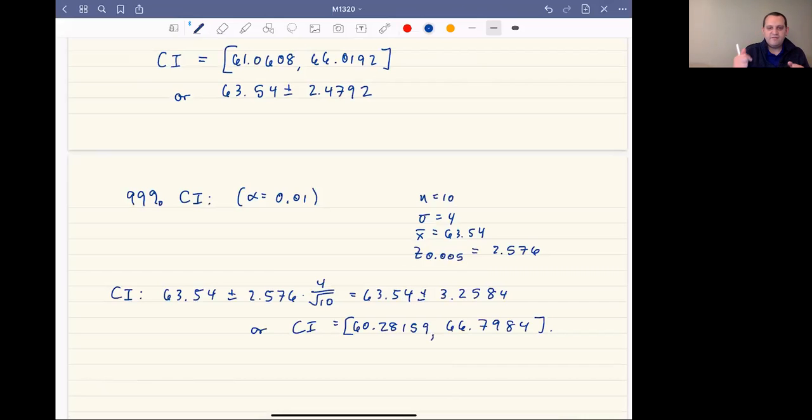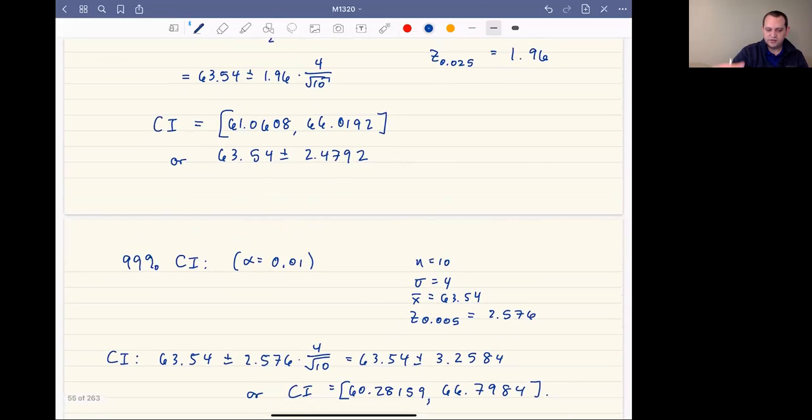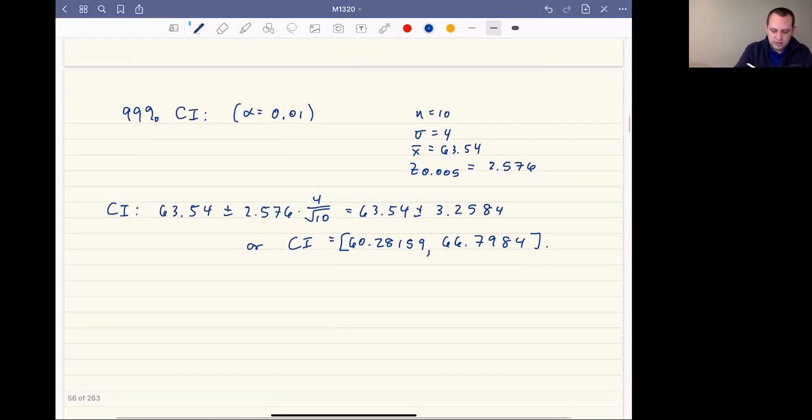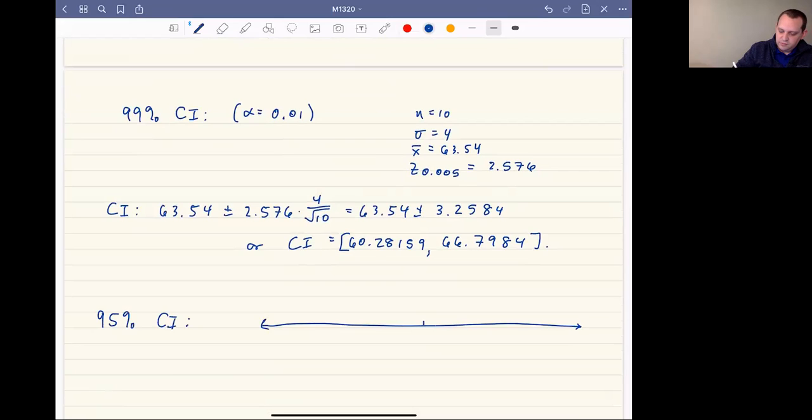Now, I want to emphasize what's happened here, the difference between the 99% confidence interval and the 95% confidence interval. Our 95% confidence interval was centered at the mean. Imagine we have the number line here, and we have our mean 63.54.